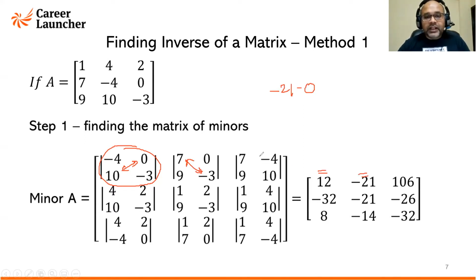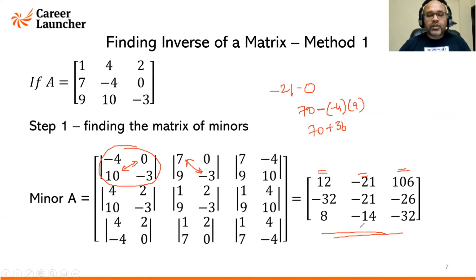The third determinant is 7 tens are 70, minus negative 4 into 9. So this becomes 70 plus 36, which is 106. This way, when you simplify, you get a matrix. This matrix is called the minor matrix of A, or simply the minor of A. So this is the explanation with the numerical example of your first step.